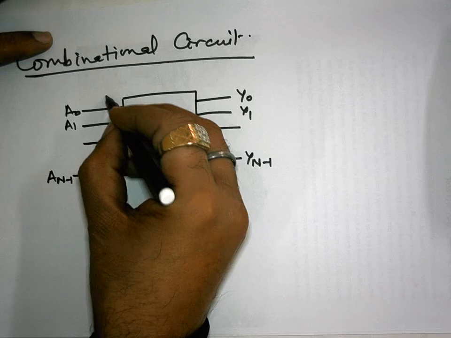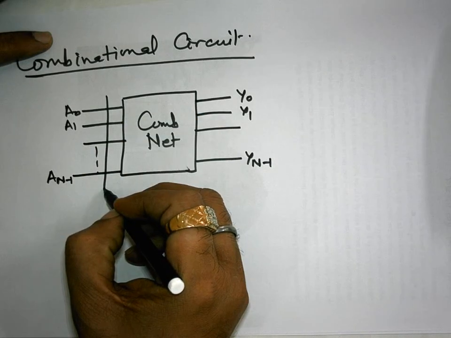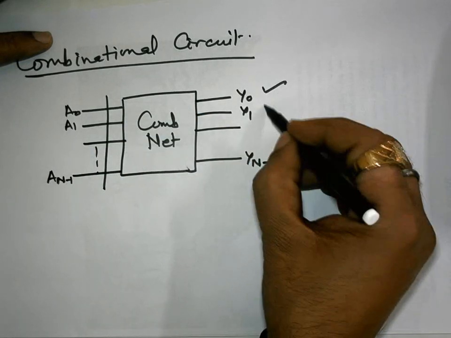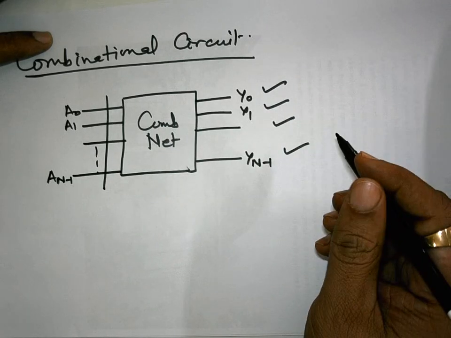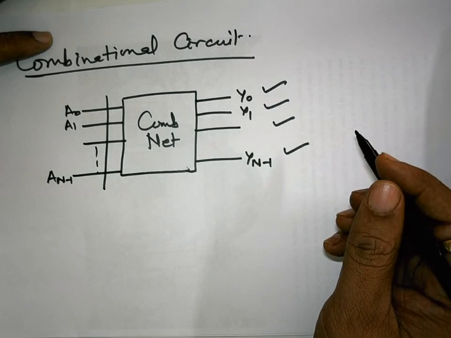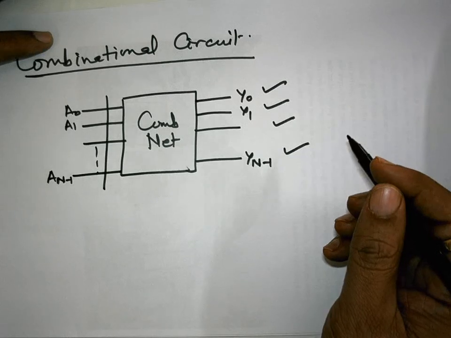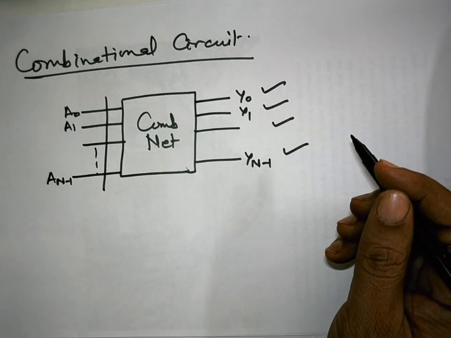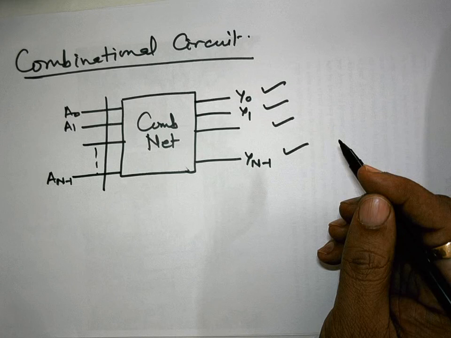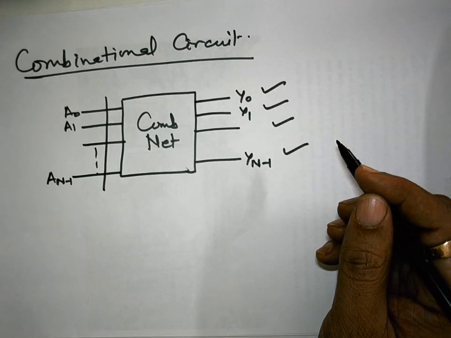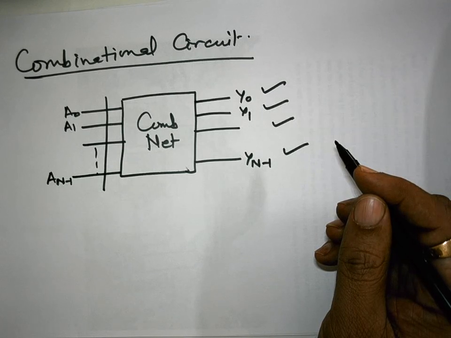So depending on the condition of these instantly applied inputs, it produces some output, and depending on these output conditions, we can reach some decisions. Therefore, they are called decision making circuits, okay. Simple examples are encoders, decoders, multiplexers, and many such circuits which can be named.